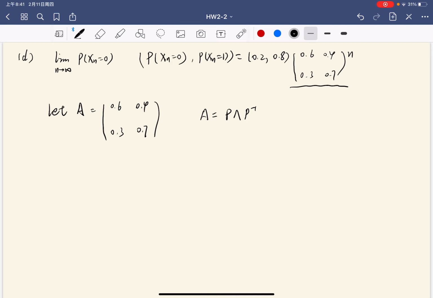First, we calculate the eigenvalues of A, which means A multiplied by x equals lambda x, where lambda represents the eigenvalue and x is also a vector.